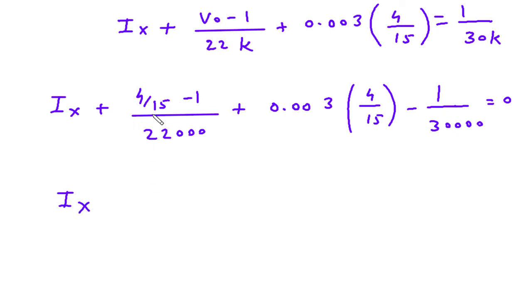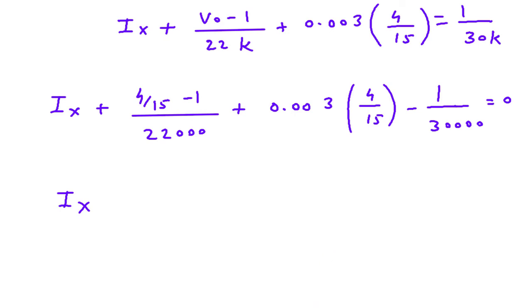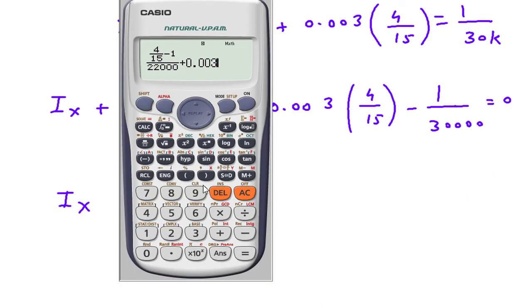So Ix is 4 by 15 minus 1 divided by 22,000 plus 0.003 into 4 by 15 minus 1 by 30,000.